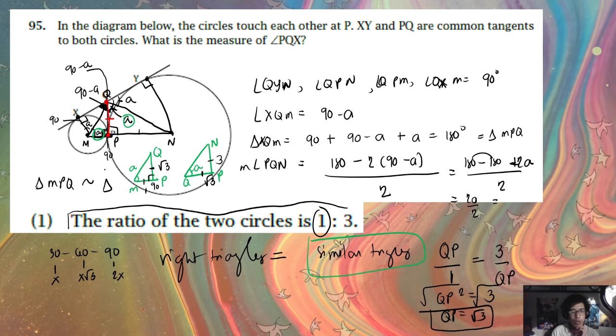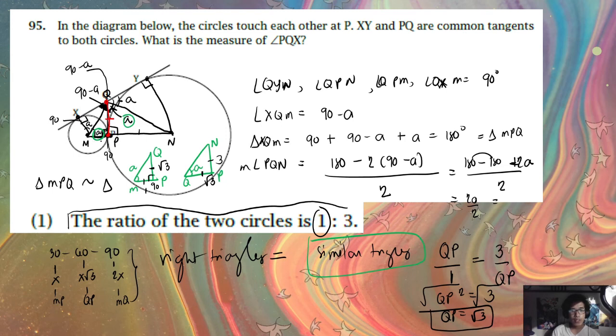Since we already found the value of the square root of 3, which is the value of our given side QP, QP must have the value of the square root of 3, MP would have the value of 1, and 2x would be our value for MQ. So we've just proven that we have a 30-60-90 triangle here.